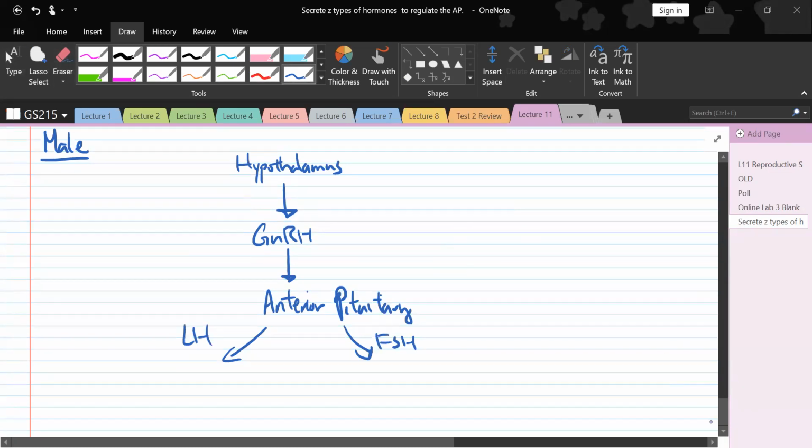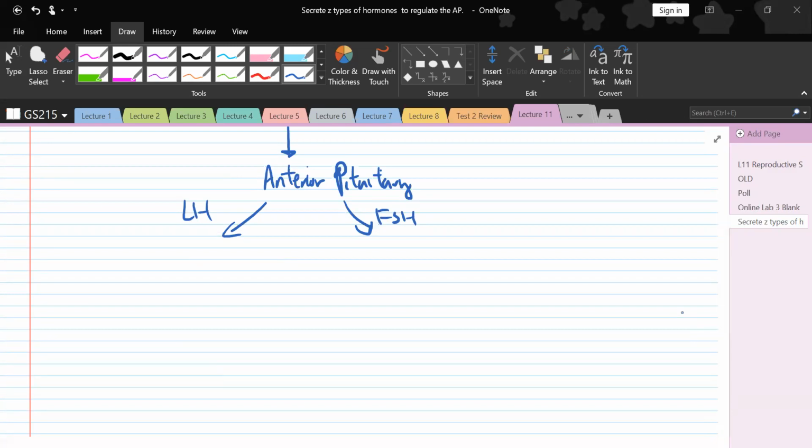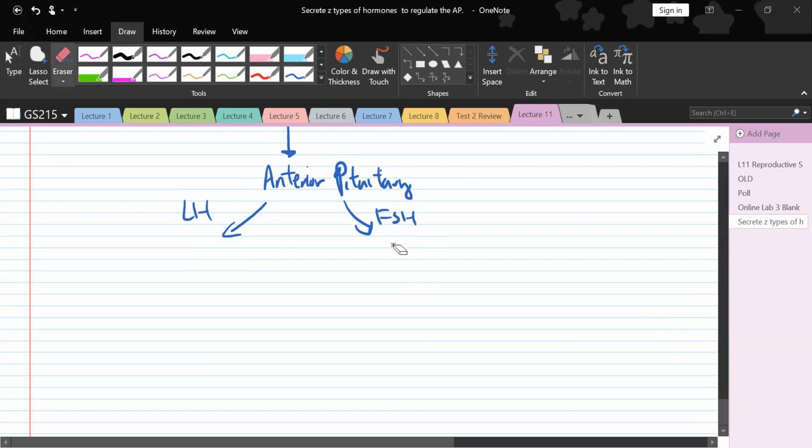The equivalent of a follicle in male, instead of developing a follicle to form an egg, will be developing to form sperm. So the FSH is going to act on cells called the Sertoli cells, which would support and facilitate spermatogenesis.